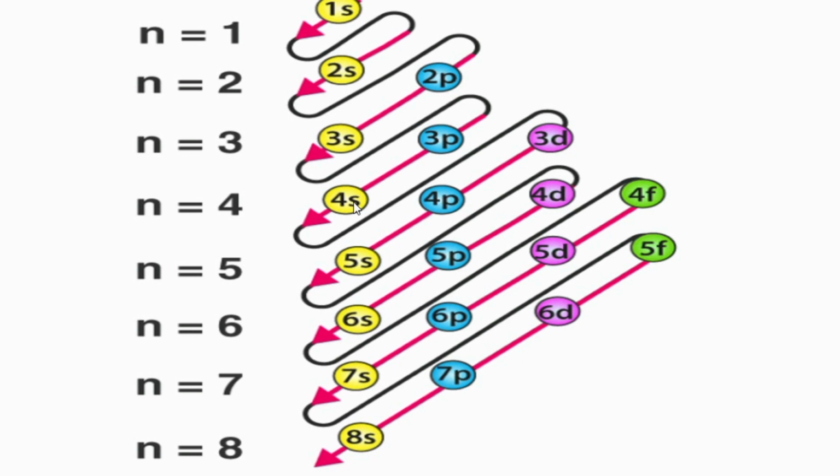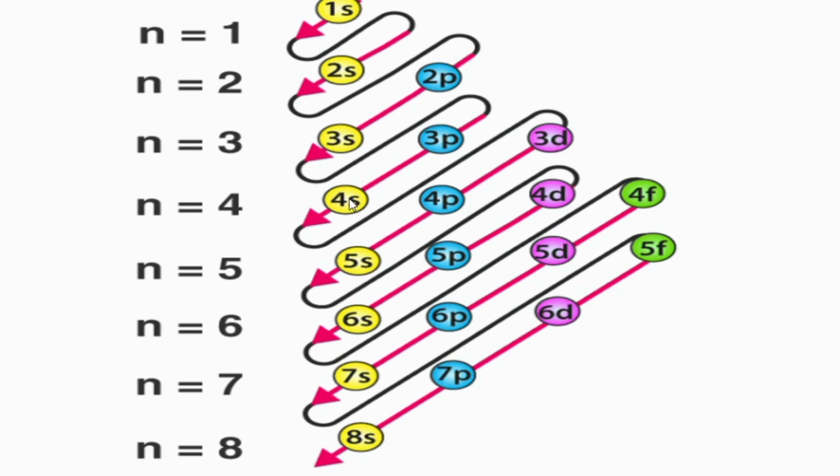Now, the discrepancy, the abnormality that chromium and copper exhibit when it comes to the electron configuration, is within the 4s and the 3d orbitals.